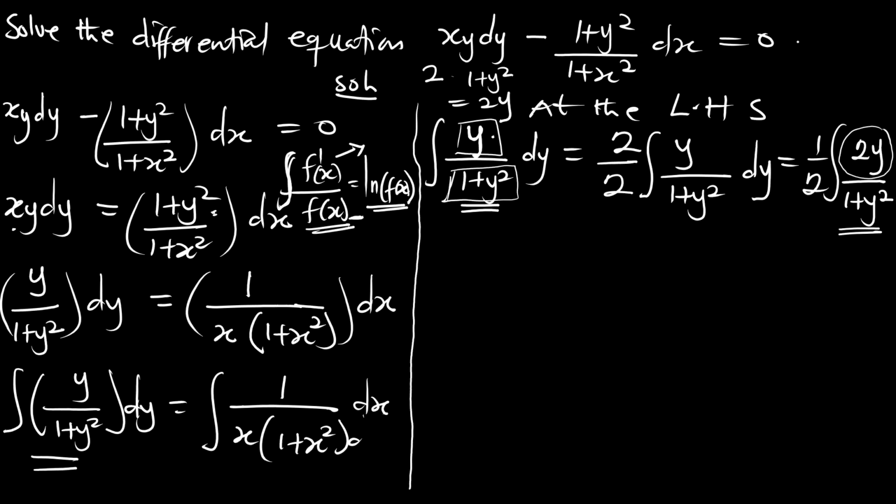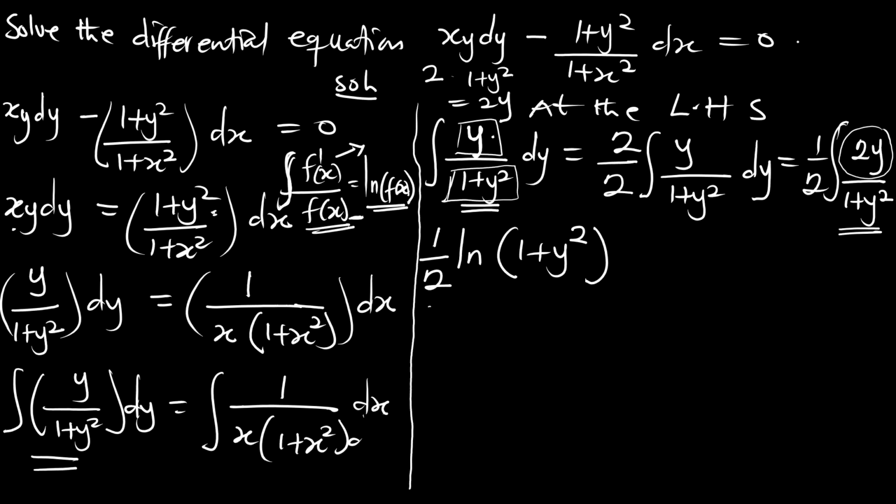Are we okay? So at the end of the day, our integration of this equation is going to be half the natural log of the denominator, which is 1 plus y squared. This is the answer for the left hand side integration.